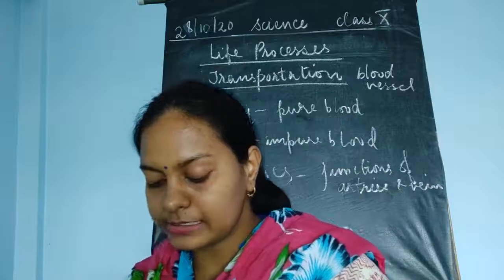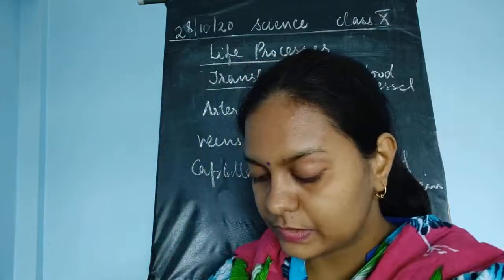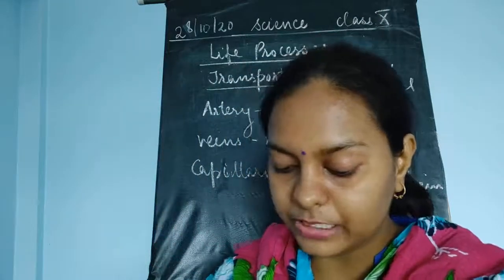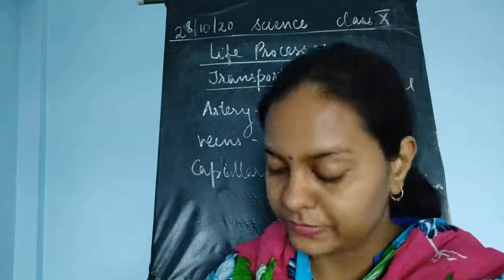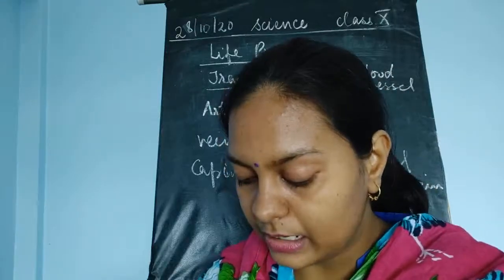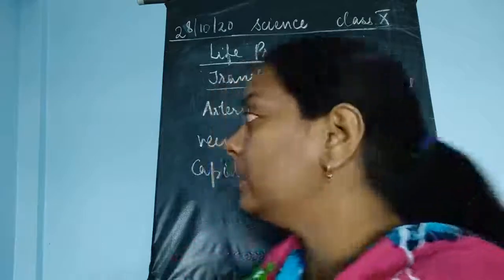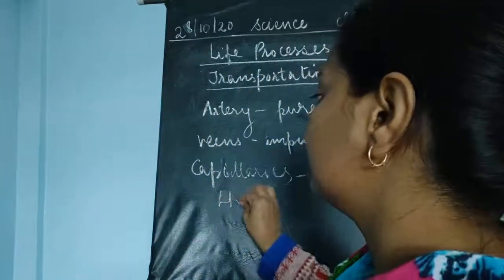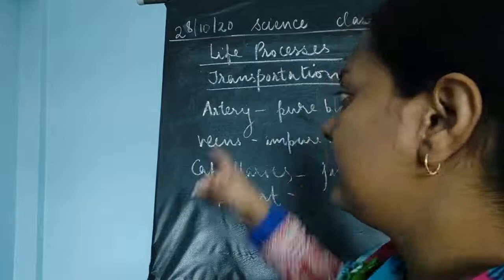So, the human circulatory system: the organs responsible for the transport of material inside the body are said to be the circulatory system. The various organs are the heart, arteries, veins and capillaries. So four things are present: the heart, arteries, veins and capillaries.